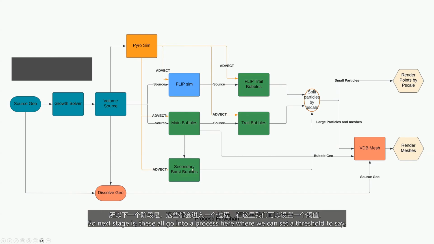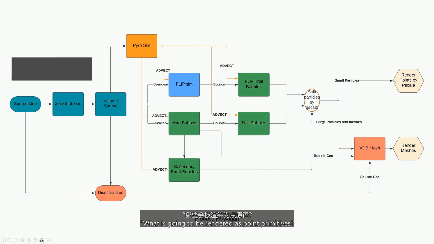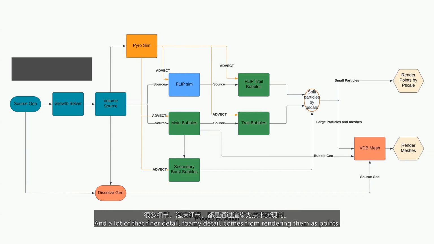The next stage is that these all go into a process where we can set a threshold to say what is going to be rendered as point primitives and what we can mesh together and render as a mesh. That's pretty critical because we're going to have quite a lot of particles, and a lot of that finer, foamy detail comes from rendering them as points.